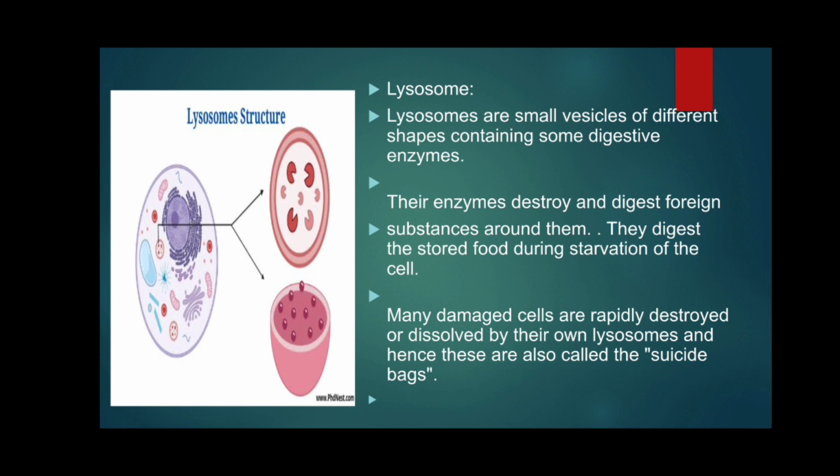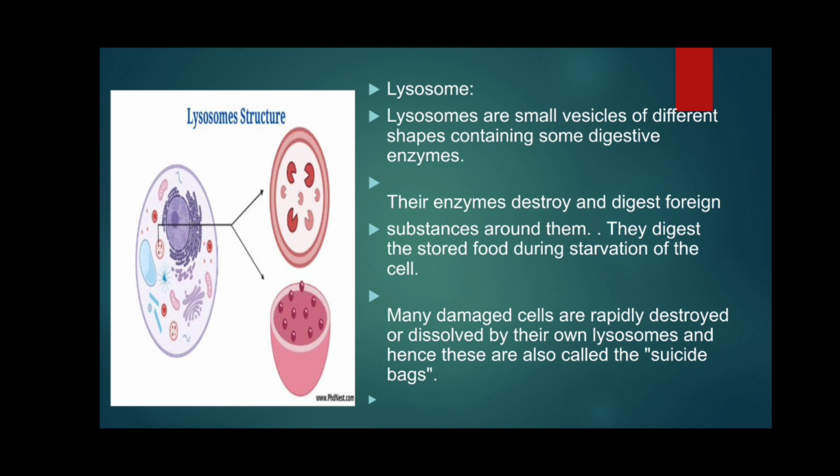Next one is the lysosome. This is the organelle which helps to keep the cell clean, and it is produced by Golgi bodies, as I told you earlier. Lysosomes are organelles filled with digestive enzymes.